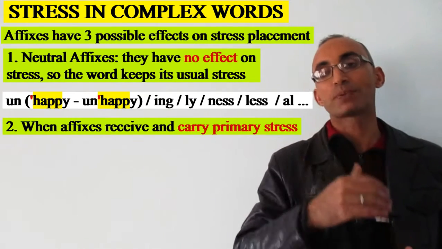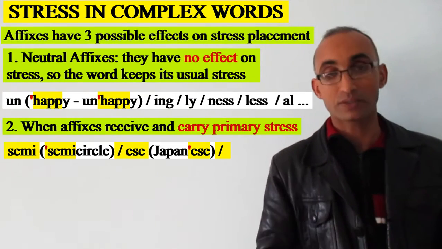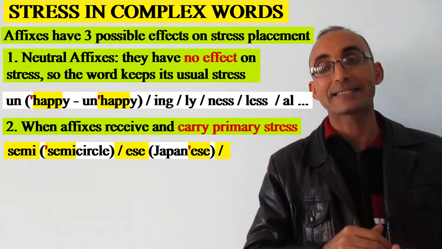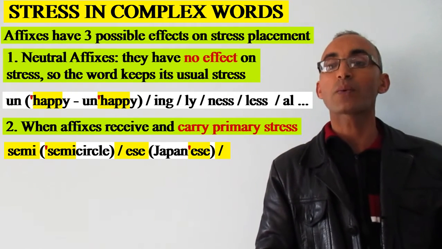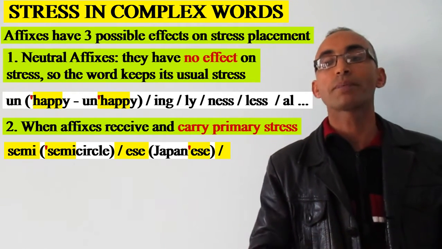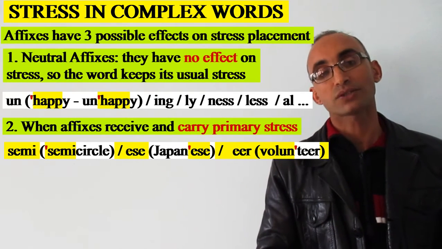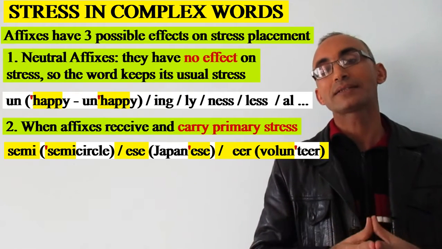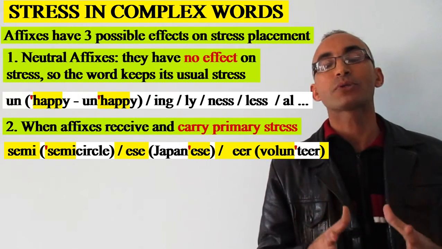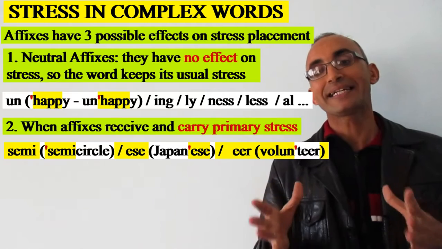For example, we have the prefix "semi". It is stressed in itself. And also we have the suffix, for example, "ear". This one is also usually and always stressed and receives a primary stress in itself.